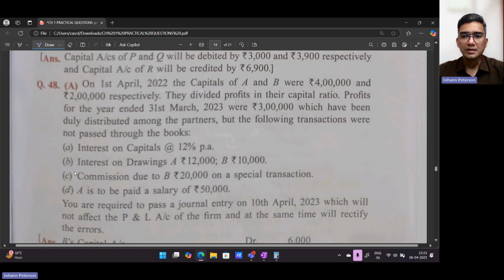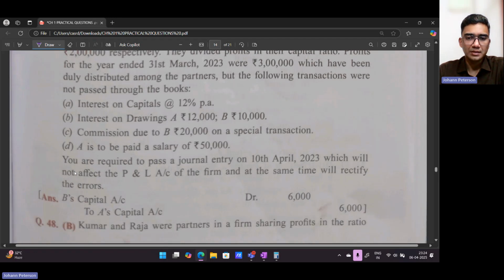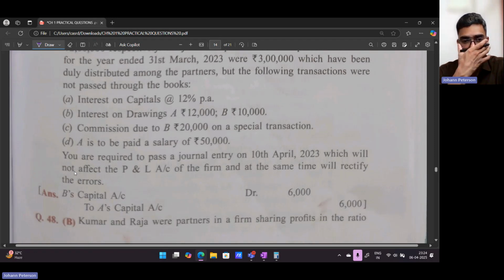They divided profits in the capital ratio. Profits for the year ended 31st March 23 were 3 lakh, which have been duly distributed among the partners. But the following transactions were not passed through the books. So we have not passed interest on capitals, interest on drawings, commission to B, and A's salary of 50,000. You're required to pass a journal entry on the 10th of April, which will not affect the P&L account of the firm and at the same time rectify the errors.